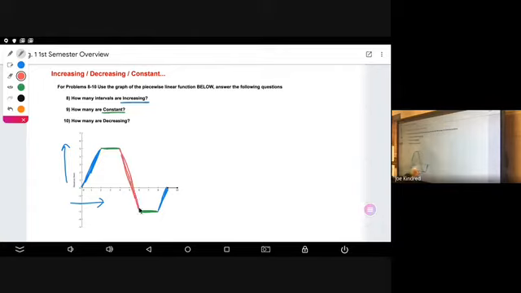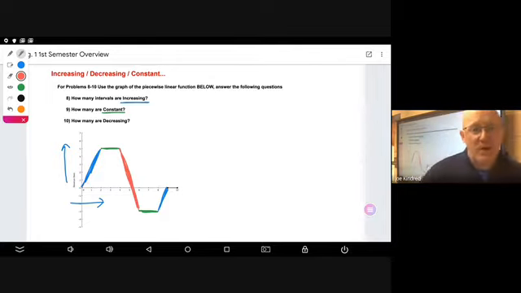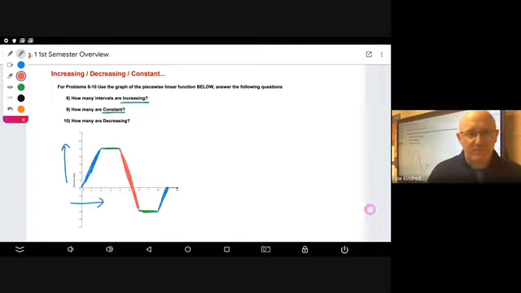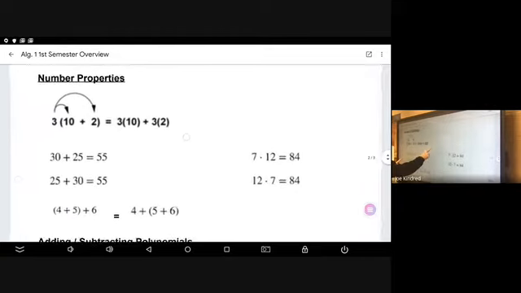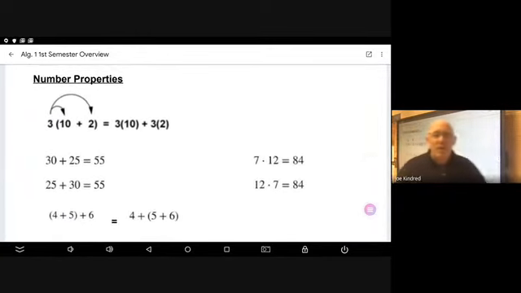It's constant when it's flat. And it's considered decreasing when, as you go out on the x-axis, the y's are decreasing. And so that's how we determine in a graph what we mean by increasing, decreasing, and constant.